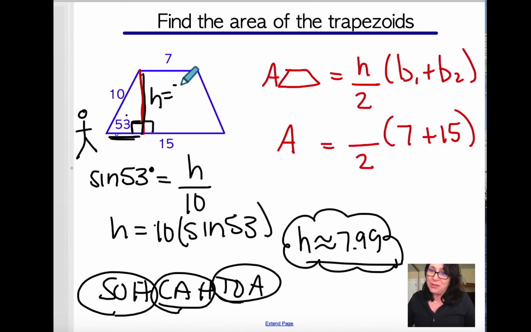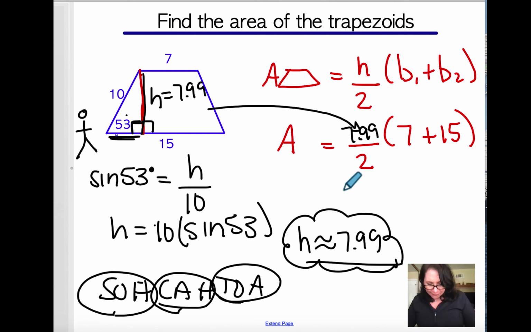So what we have to do is then take 7.99 and plug it in to the height value right here, see? So we're going to go 7.99. So take that value, 7.99, divide that by 2, get an answer, and then you're going to add 15 plus 7, or you're going to take that value, whatever you got, which I got 3.995, and I'm going to multiply that number by 7 plus 15, and I get 87.89.